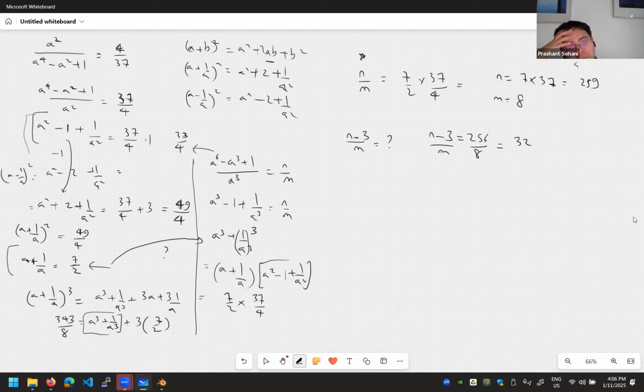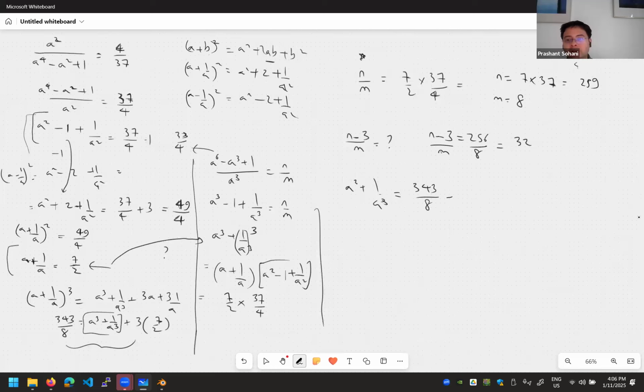But even last time I had solved this problem. Okay, for confirmation, let me solve this by another method. Am I getting a different answer or the same answer? So if I continue this, I'm going to get a cube plus 1 over a cube is equal to 343 minus 84.